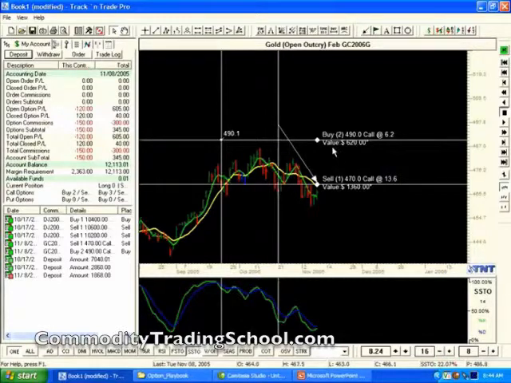As the market goes above 490, the extra long option, the extra 490 call, will start offsetting the amount of money made on or lost on the 470 call. So that gives you an actual break even of 510.